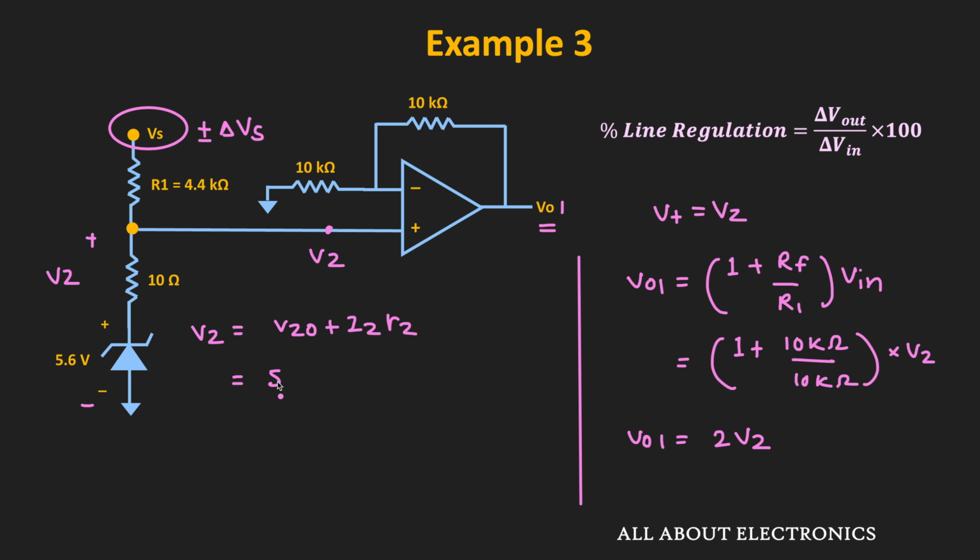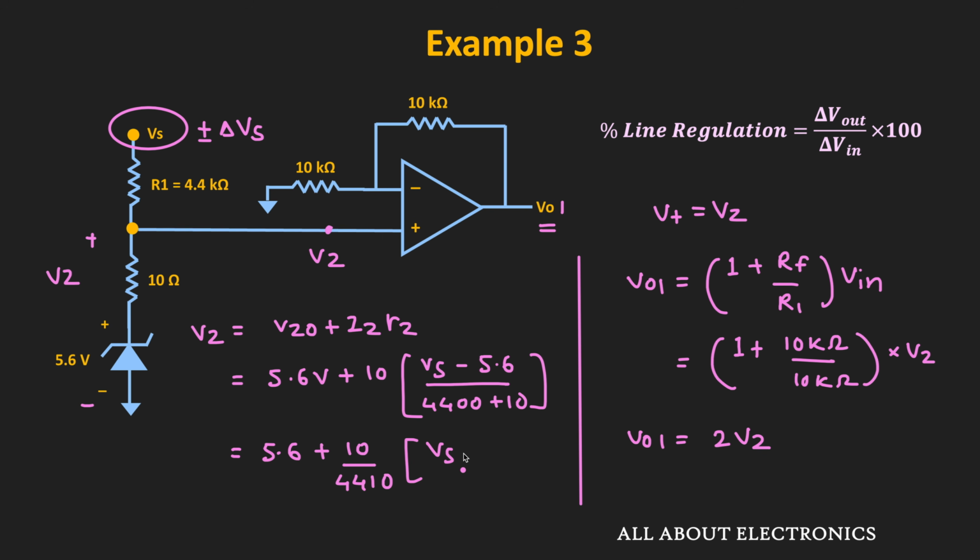So that is equal to 5.6 volt plus 10 ohm times Iz, and here this Iz is equal to Vs minus 5.6 volt divided by 4.4 kilo ohm, that is 4400 plus 10 ohm, or we can say that it is equal to 5.6 plus 10 divided by 4410 times Vs minus 5.6, or that is equal to 5.6 plus Vs minus 5.6 divided by 441.